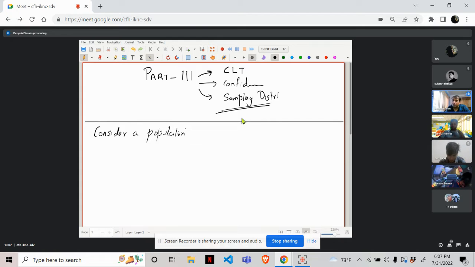Population means we include all the data items. But this is a small experiment, so they have kept only a few data items. So please write, consider a population 2, 4, 6, 8.